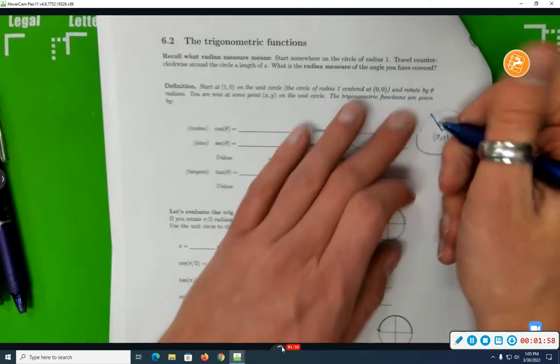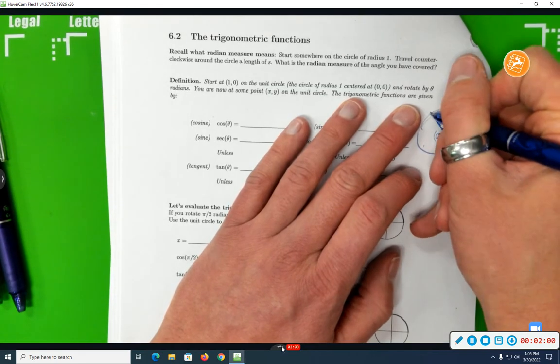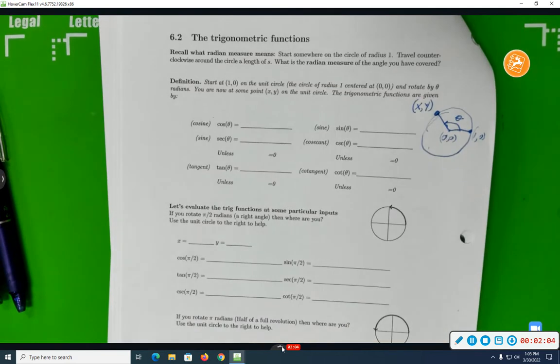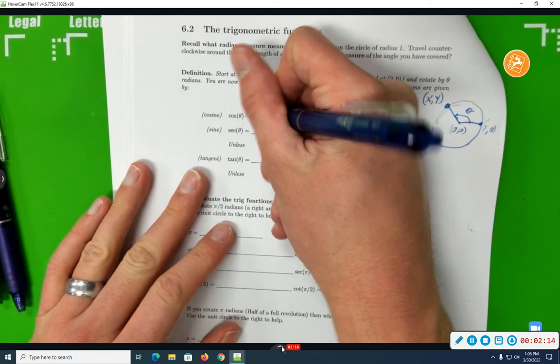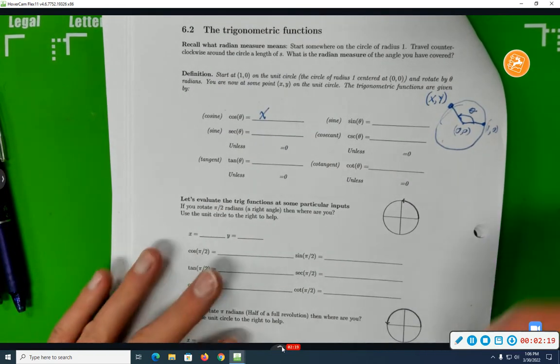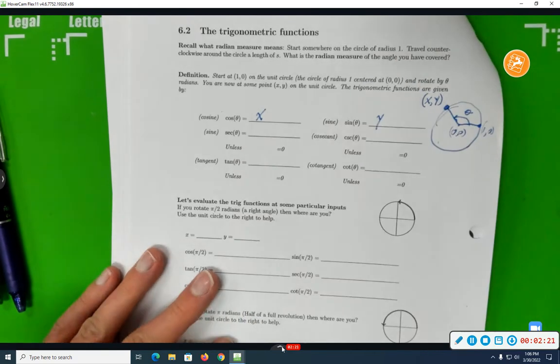On occasion we'll use degrees. You now land at some point (x, y). The trig functions are defined in terms of that point. The cosine of theta is the x-coordinate you land on. The sine of theta is the y-coordinate you land on.